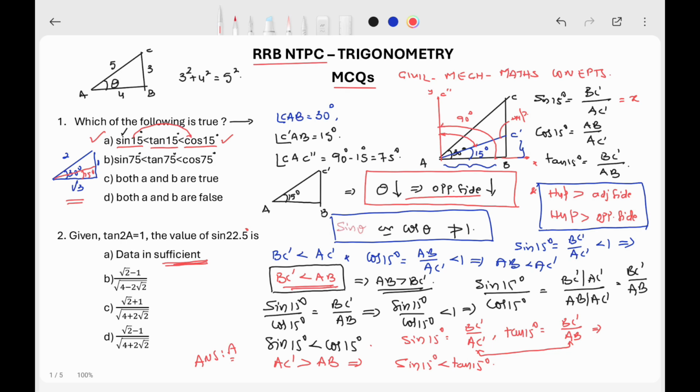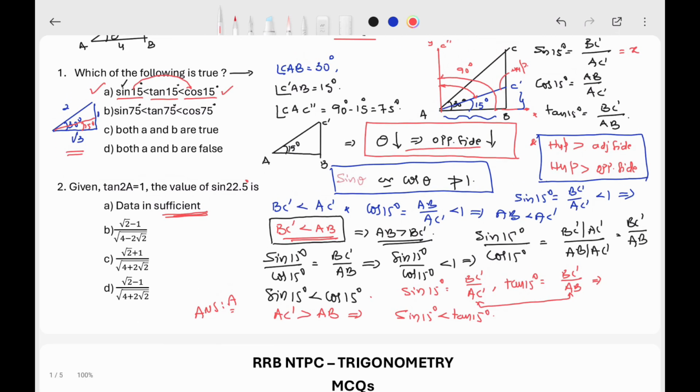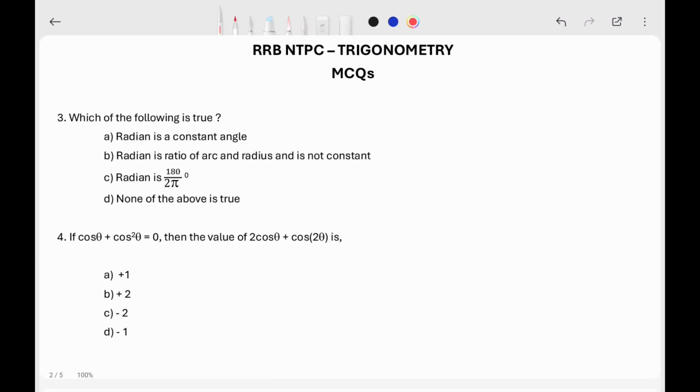Here sufficient data is given. You are supposed to interpret the data, because in this page we don't have space. I will go into the next page and solve it. Tan 2a, just see, tan 2a is equal to 1. Let us say this 2a is theta. When some angle of tan is 1, when theta is equal to 45 degrees.